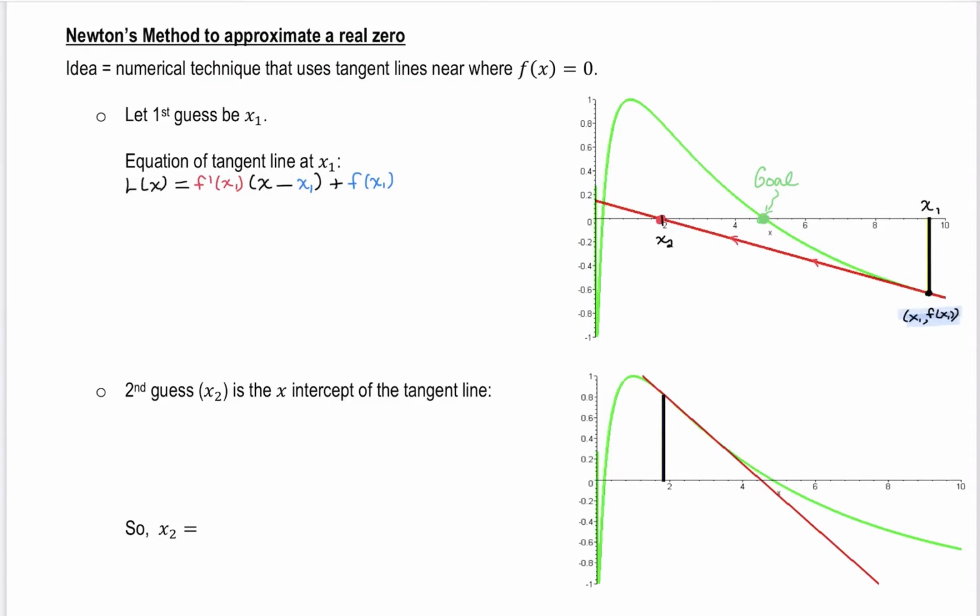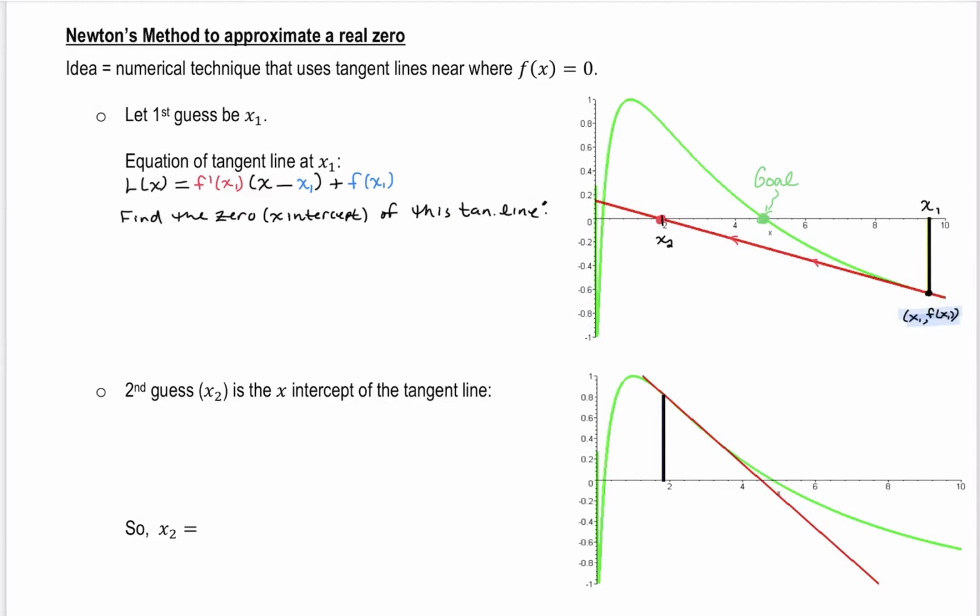So this is going to be our x sub 2. So we need to find the 0 of that tangent line. The next thing we're going to do is find the 0, or if you prefer, x-intercept, same exact thing, of this tangent line.